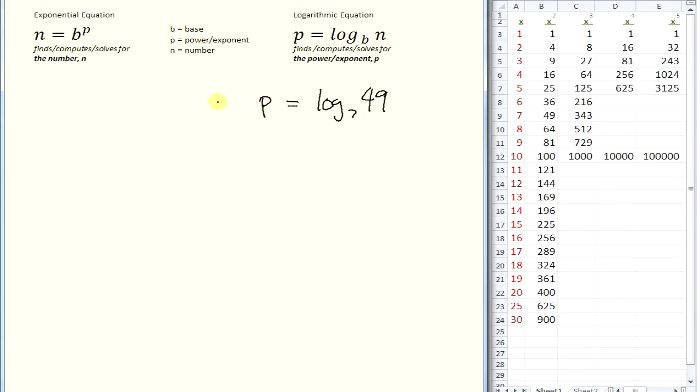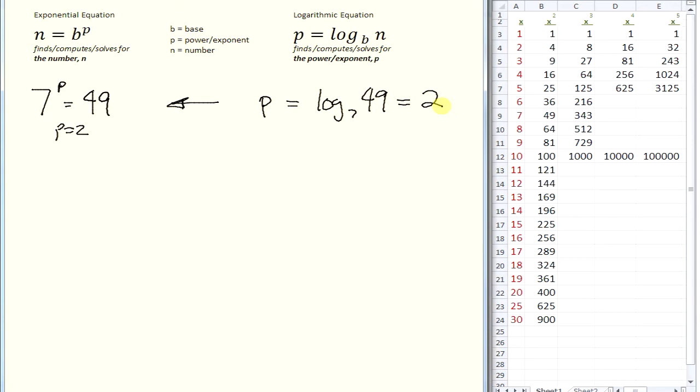Well, what I can use is my knowledge of changing it back to an exponential equation, say 7 raised to the p equals 49. Realize I have all this information right here, the fact that 7 squared equals 49. I could say therefore p equals 2, and therefore I would know that the log of 49 to base 7 equals 2.